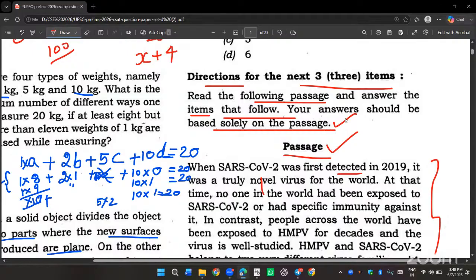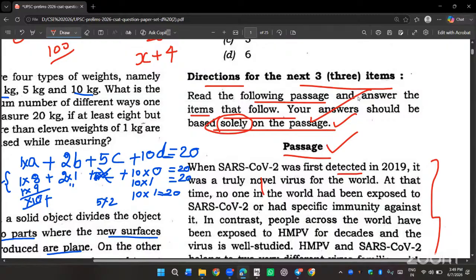Now, only general comprehension. So in this reading comprehension, general comprehension, you have to depend solely on the passage. Whatever is given in the passage is important. Don't forget.